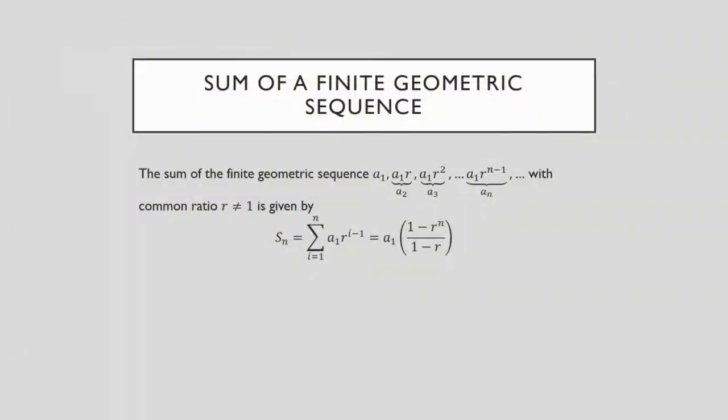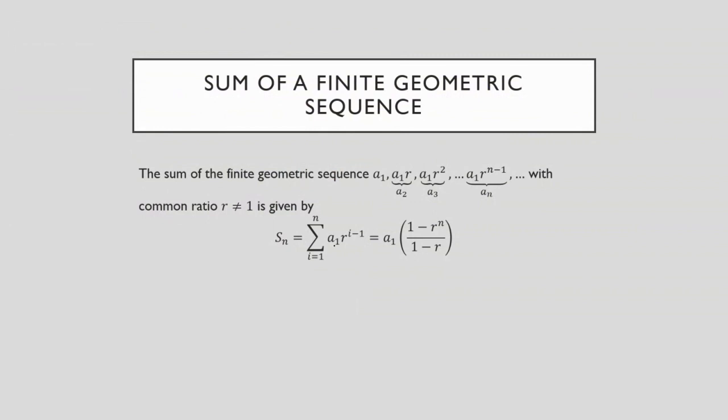Okay, now the fun stuff is getting to the sums of these things. I love that there are formulas, because otherwise if you had to sum these up by hand, that would just be really hard. So the sum of a finite geometric sequence uses our sum formula, and it's Sn, where the S just means sum of the n terms.